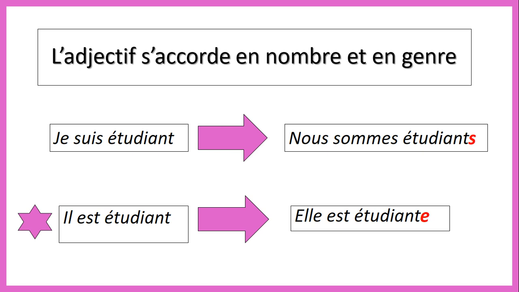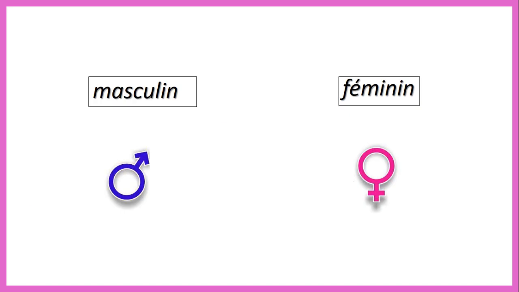Il est étudiant, but elle est étudiante. This is something that we saw in lesson 1 in the sentences that we made. So now we're going to get deep into it and see why and how we can agree them.